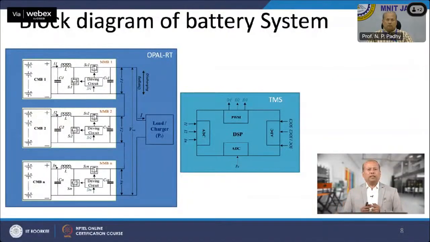Step number 1, consider a battery system of 3 modules, so-called plant in OPAL-RT. Step number 2, call out the necessary parameters required for the balancing strategy from the plant. Step number 3, develop a balancing code in MATLAB using the called-out battery system parameters.